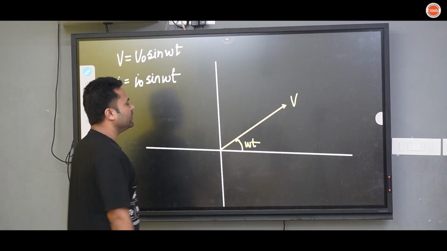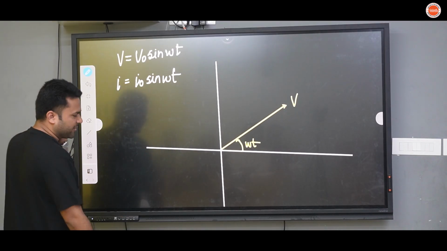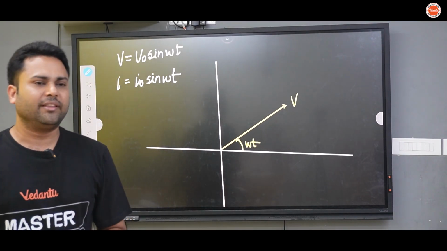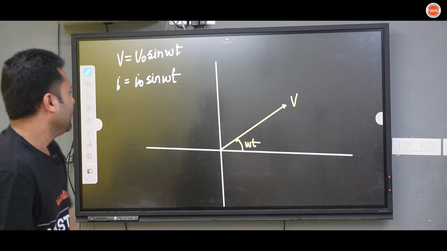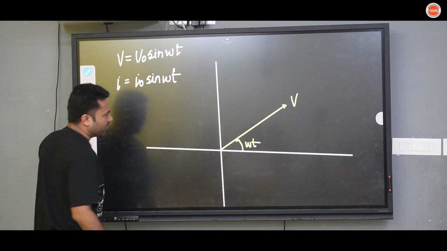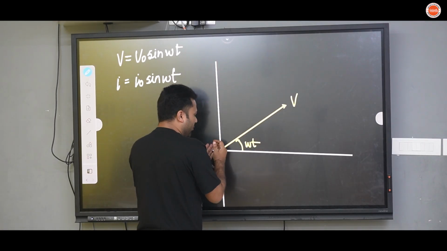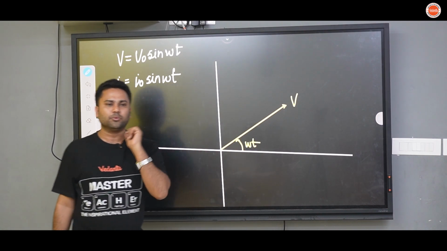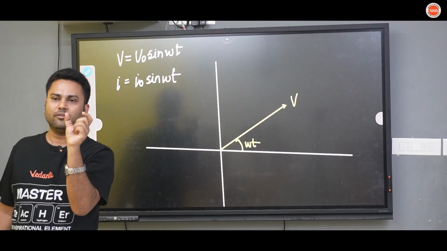Again listen, how we are representing voltage? Don't think about physics. Think all these things are like logic and assertion reasoning. What we are doing, we are representing the voltage as a vector quantity. A vector quantity will have length. I have drawn some length. Its length represents magnitude. What is the magnitude I told? Magnitude is peak value of voltage.